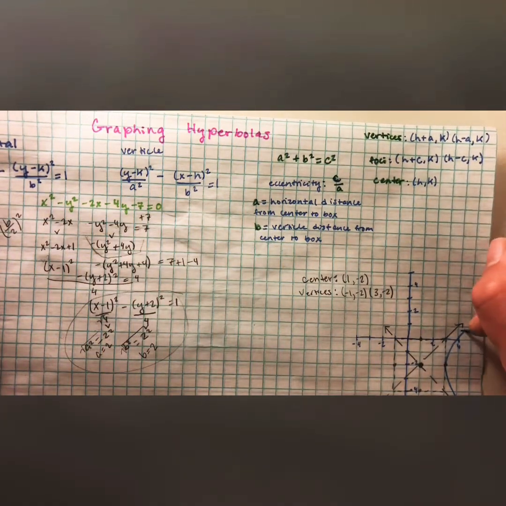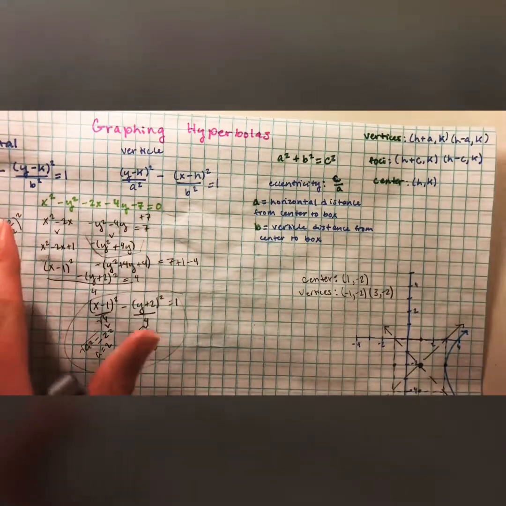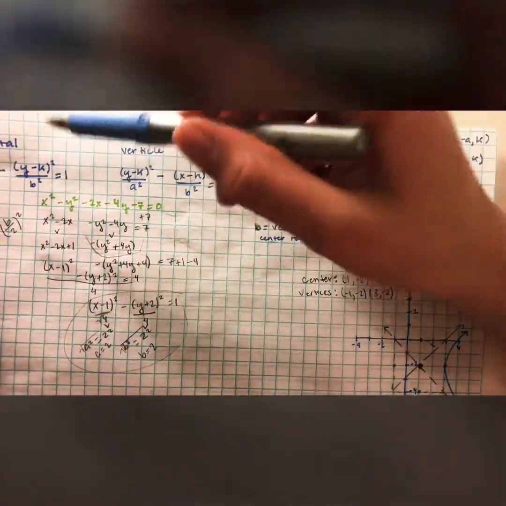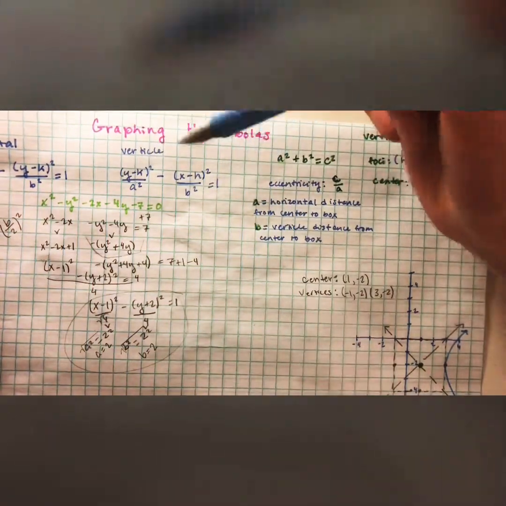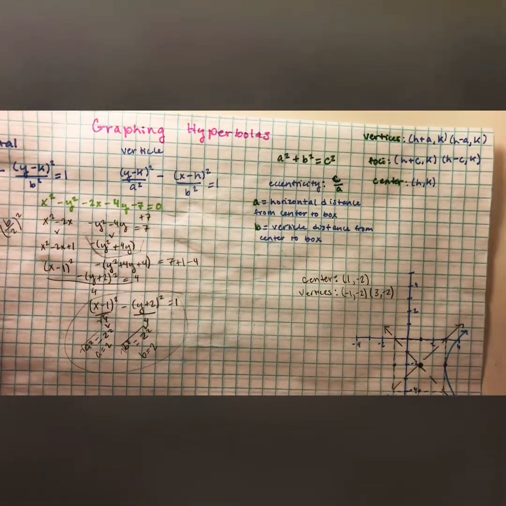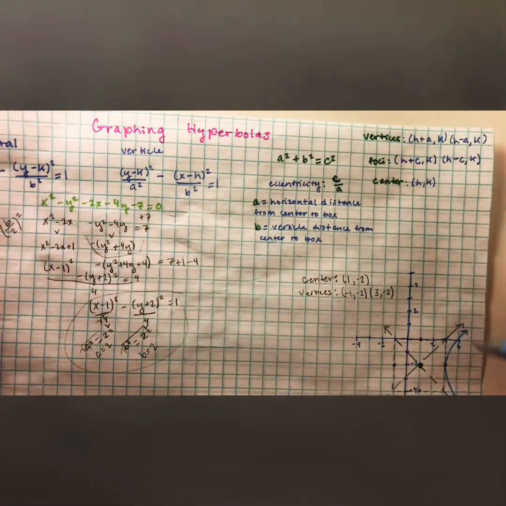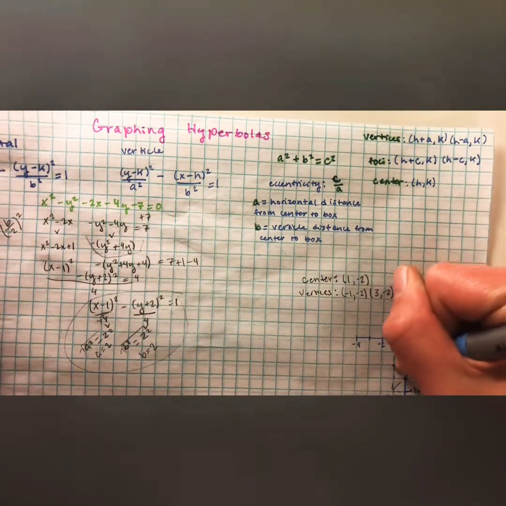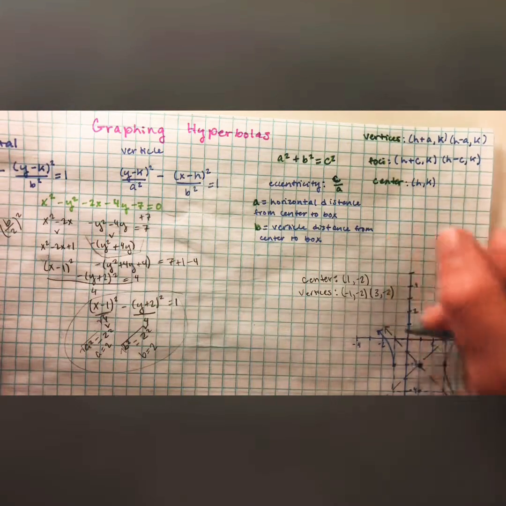I made my asymptotes horizontal because we know that we are using the horizontal formula, and that just means that our hyperbolas are going to be facing out right and left. So that's how I did that.